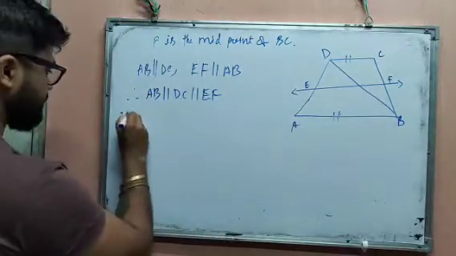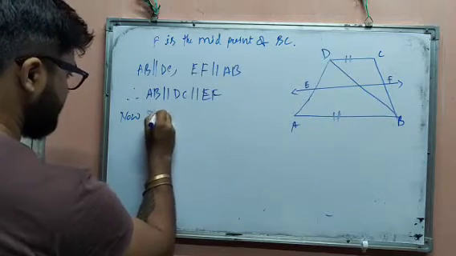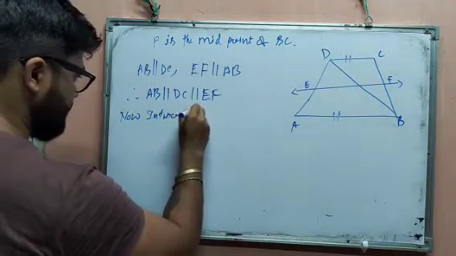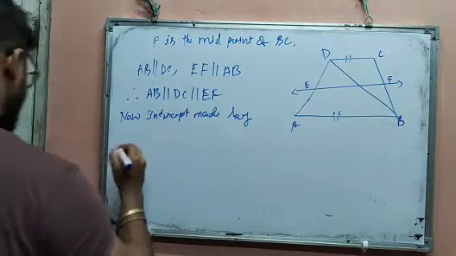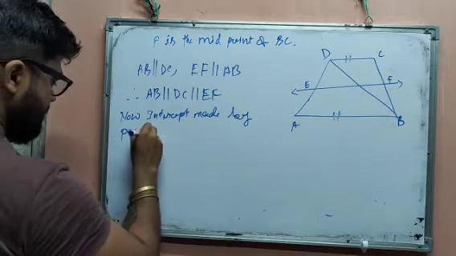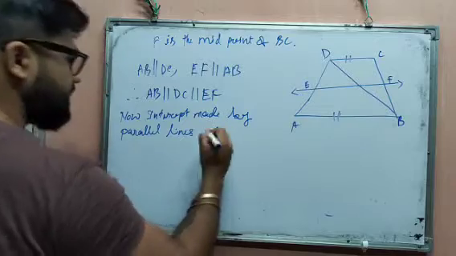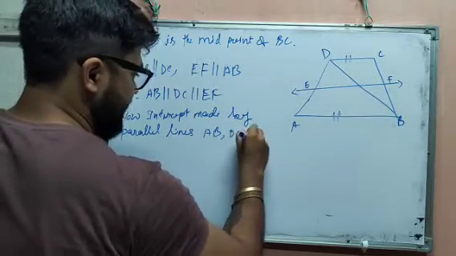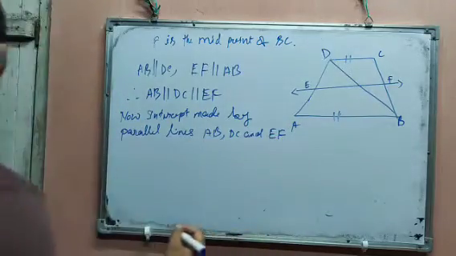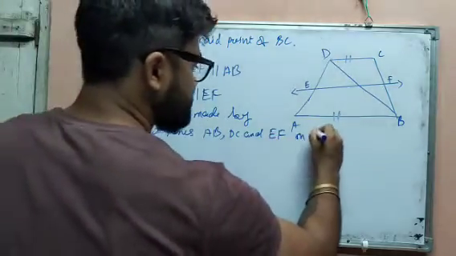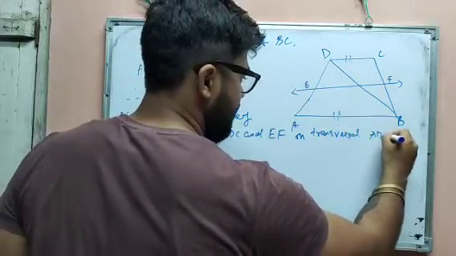Now, the intercepts made by parallel lines AB, DC and EF on transversal AD are equal.